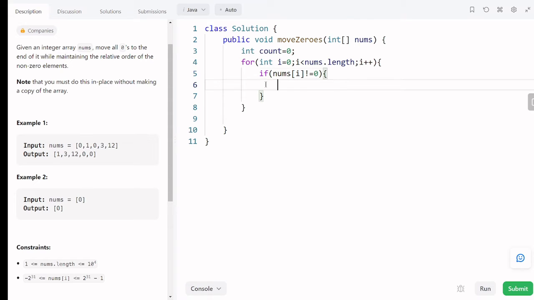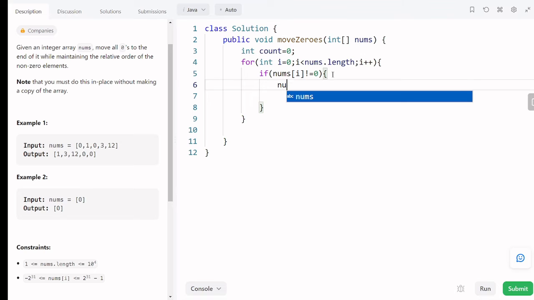Non-zero means the numbers 1 3 12; only two zeros are available in this array. So I want only these numbers, 1 3 12, so I store them.